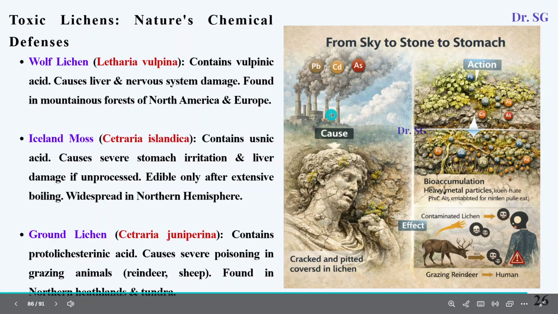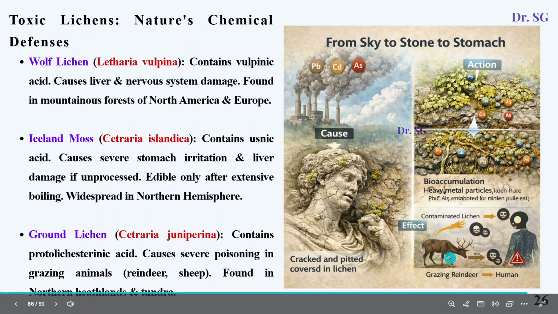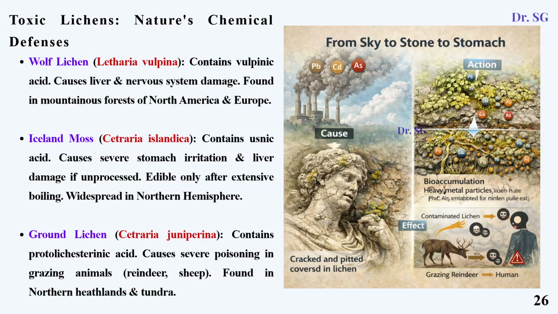So you have all these Pb, Cd, As absorbed by lichens, and when they grow on monuments, they can also crack them. These are bioaccumulated, and when reindeer eat them, it may pass on to humans and others. That is a very negative effect of this.